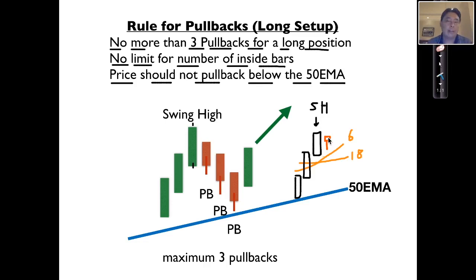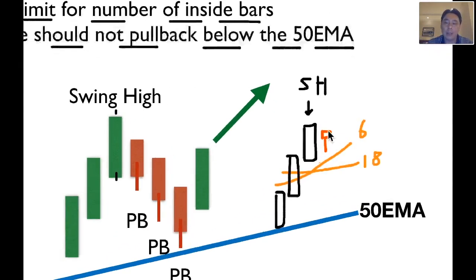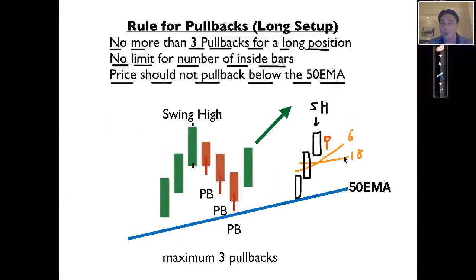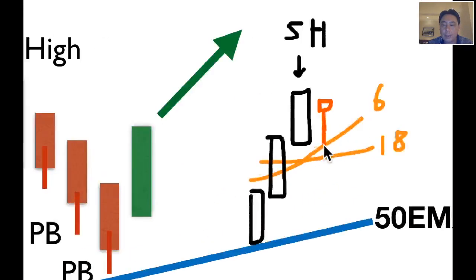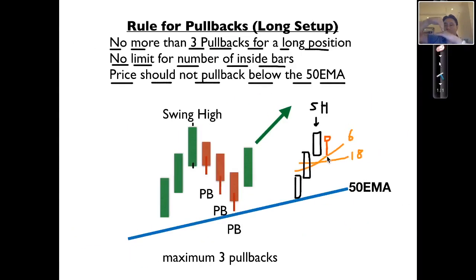Okay, so I'll tell you later that if it's an inside bar, then I would require the inside bar to find support at the 6 or 18 EMA. In other words, if the inside bar appears but doesn't touch the 6 or 18, I don't take a trade. I want to see that it touches or finds support at either the 6 or the 18 EMA, and that would be a great trade to take.